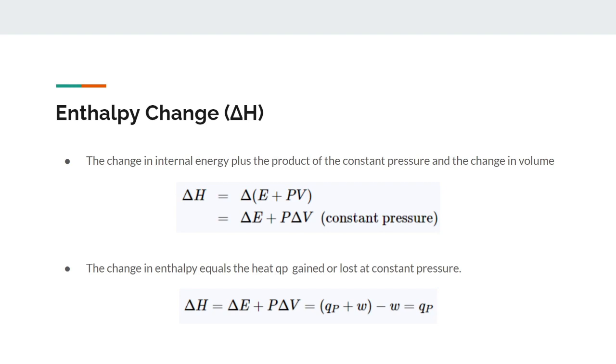So Q plus W minus W equals Q. So under constant pressure, delta H is actually equivalent to the heat which is gained or lost by the system.